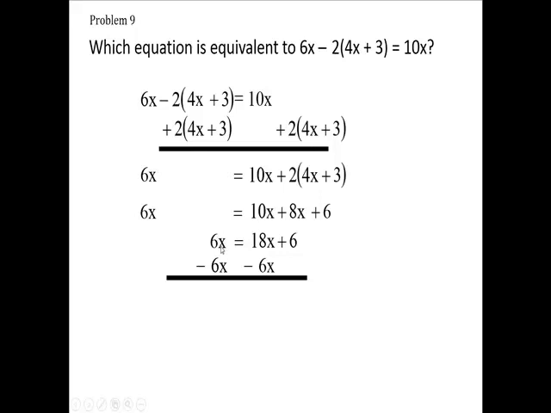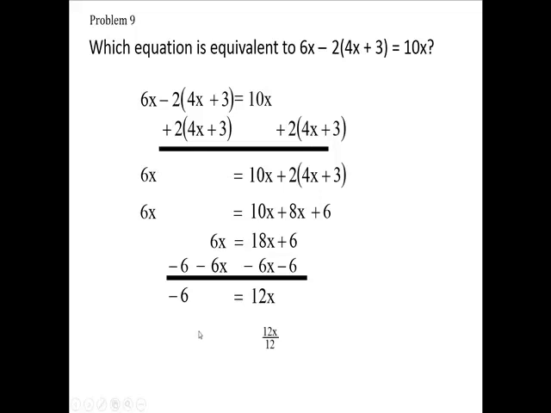Instead of having 6x minus 6x and getting 0, why don't I just take care of this right now? In other words, I don't really like having 0 over here. So what we'll do, we'll subtract 6 here and here. Now don't confuse it with these two. These two are going to cancel. You're going to end up with negative 6 here. You're going to have 12x, and then these are going to cancel. Okay?